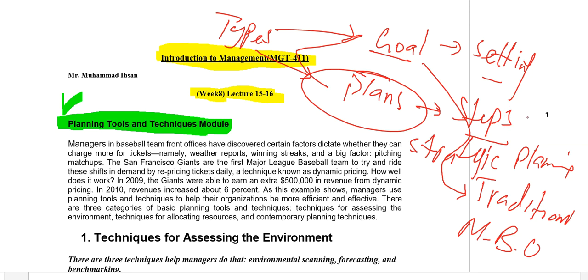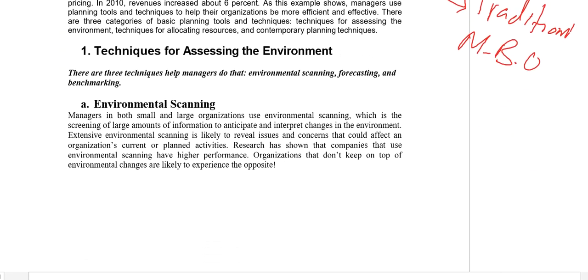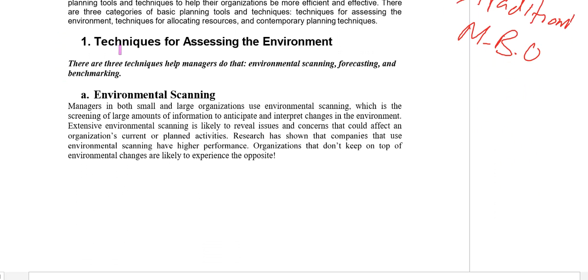Now we will try to understand the tools and equipments which are used to make decisions related to planning. So in this regard, first of all we will discuss the techniques for assessing the environment.